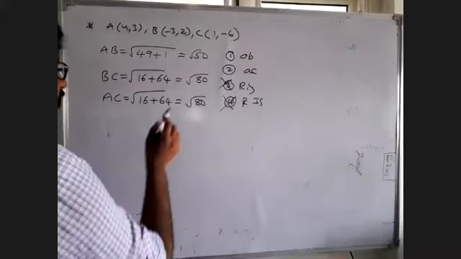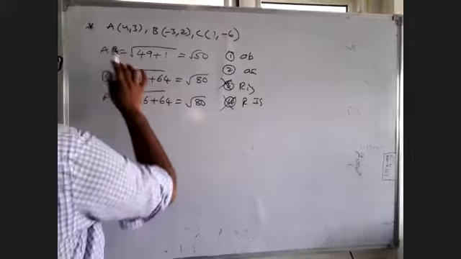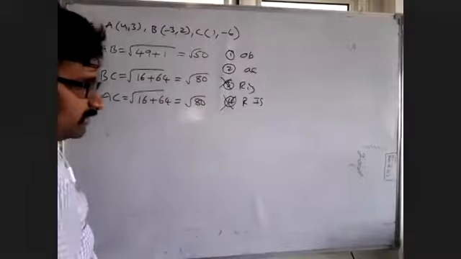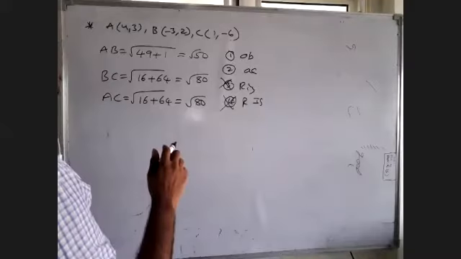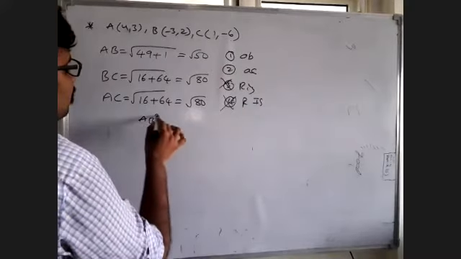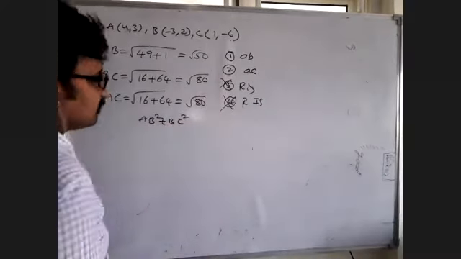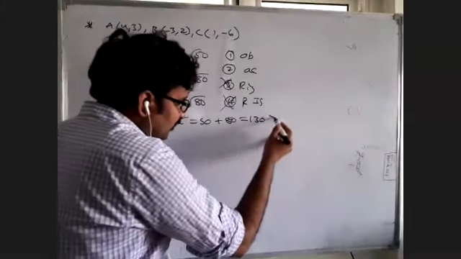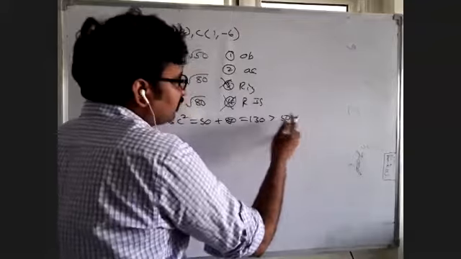Now we have to check AB square plus BC square against AC square. AB square is 50, BC square is 80, AC square is 80. AB square plus BC square is 50 plus 80, which is 130. 130 is greater than AC square, which is 80.